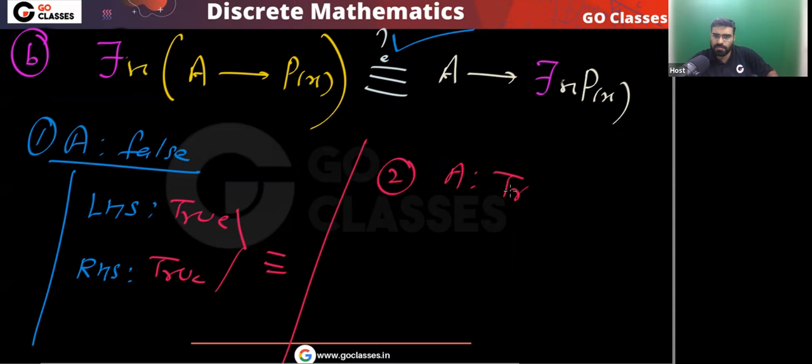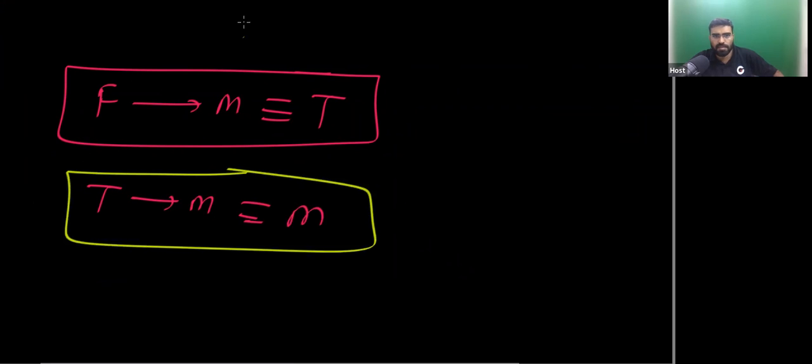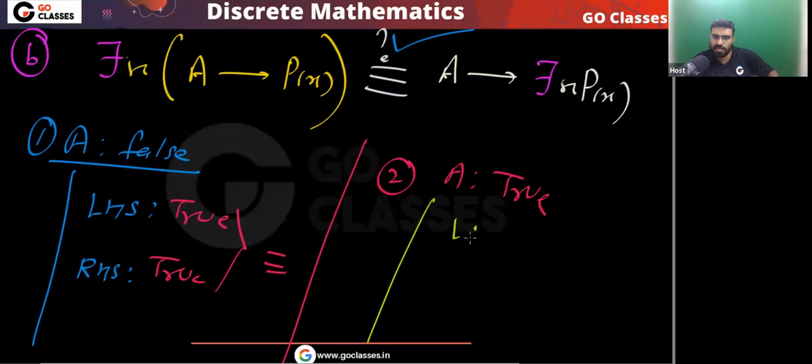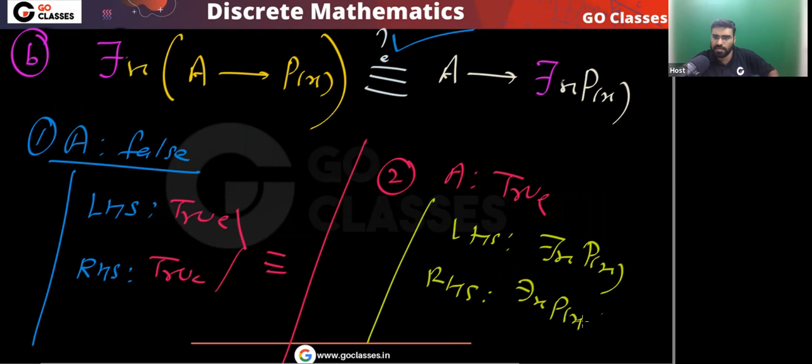When A is true, remember, true implies M is same as M. In this case, your LHS will be there exists x Px, and your RHS will also be there exists x Px. Are they equivalent? Yes.